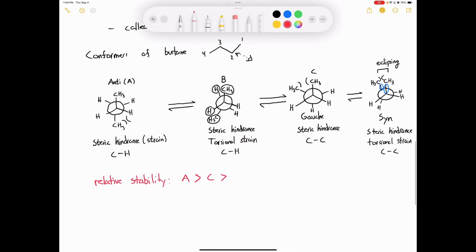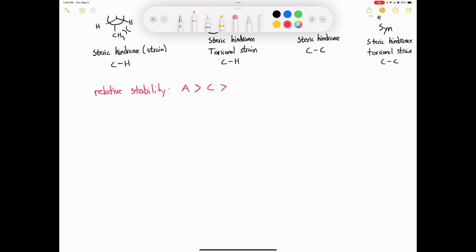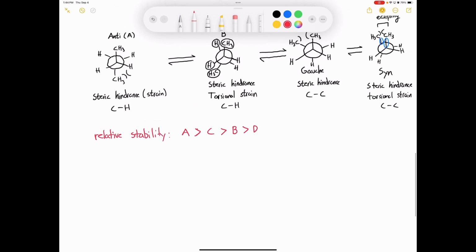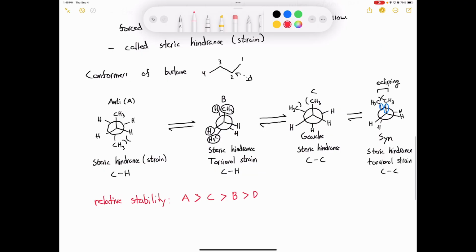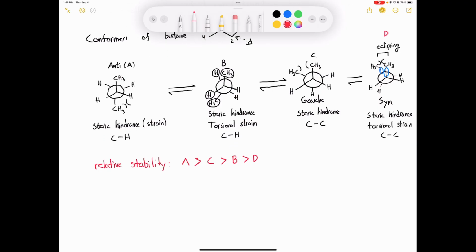So that's why we list them as B and D. B has the strain and steric hindrance through C-H, but those atoms, C and H, are not the same size. And in conformer D, the syn conformer, the two methyl groups are bumping into each other. That's the difference there.